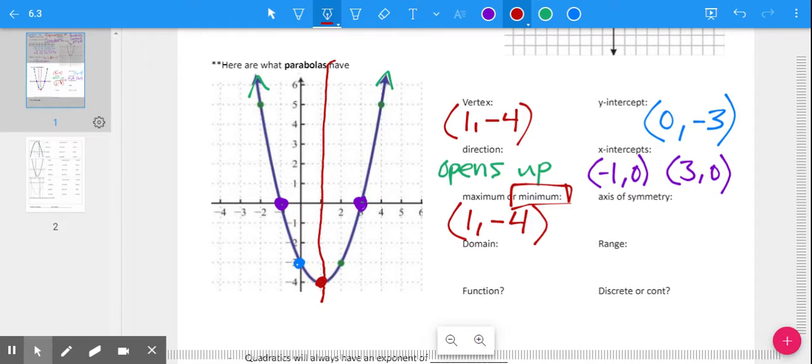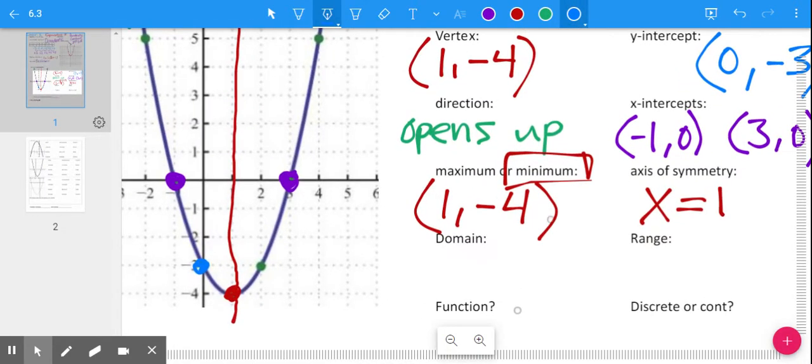The equation for the axis of symmetry is that it passes through the x-axis at 1. You have to have that x equals because the axis of symmetry is an equation for a line that represents where if this was on a paper you could fold it and the two halves would be the same. So x equals 1. The domain of this function, remember domains are the x values and range are the y values.